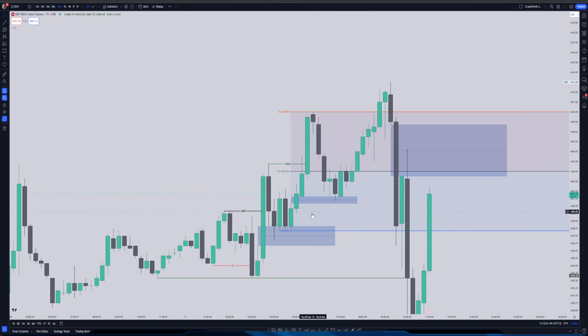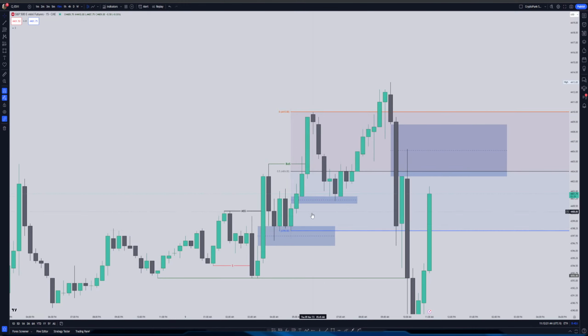And for my entry, what I said, if you are here from the first stream, I said before entering into a short, I want to see my candle open. Now this is a down close candle where the next day opens around this line. So what I want to see from this line is price first created a high.